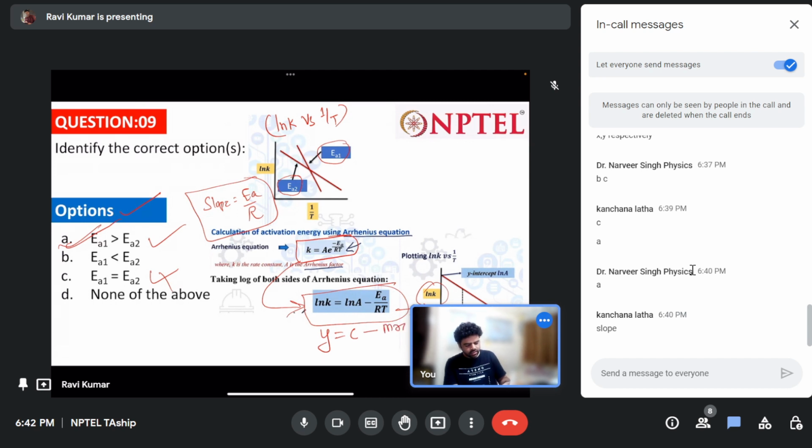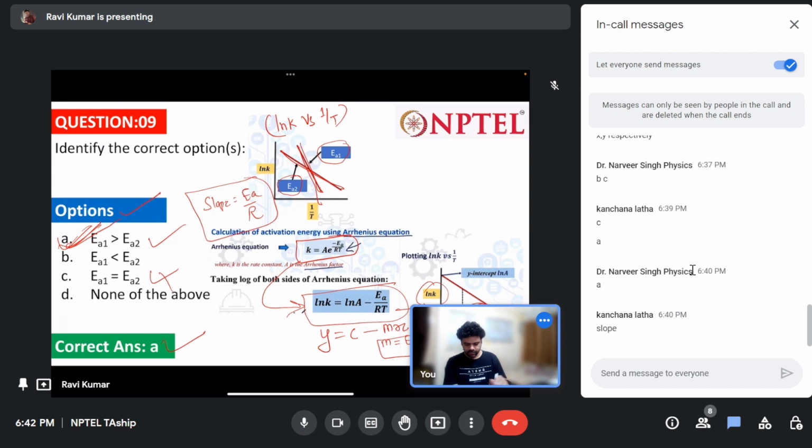So here m is the slope, equal to EA by R. Straight line equation. So this slope is showing EA by R. So more the slope, more will be the activation energy. So slope of A is more as compared to slope of the second. So yes, A is the correct answer.